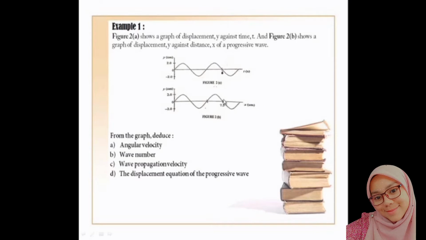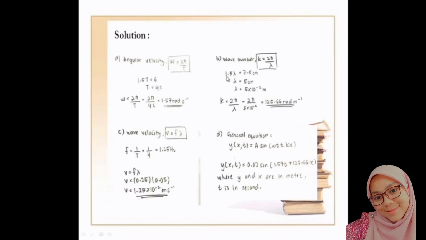So, bila 2 lambda, yang ni 7.5 ni akan jadi half lambda. So, kita buat 1.5 lambda is equal to 7.5 cm. So, lambda akan jadi 5 cm. So, disebabkan ni adalah cm, so saya tukar dia kepada meter. So, dia akan jadi lambda equal to 5 times 10 to the power of negative 2 meter. So, substitute lambda ni dalam equation 2, and then you will get 125.66 radian per meter.